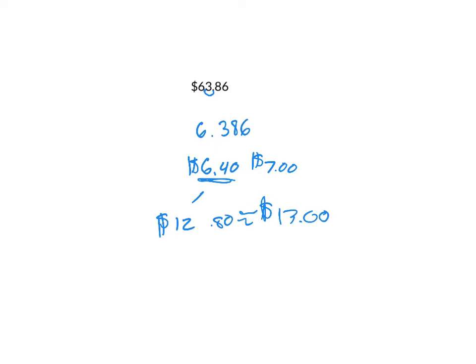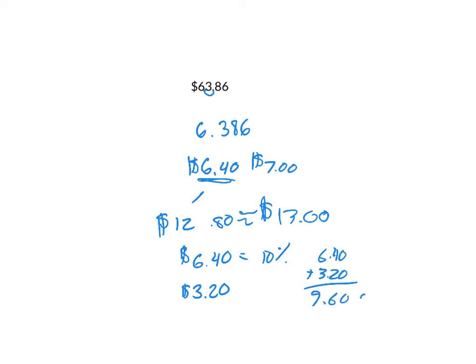And then if you want to go 15%, again you would go 6.40 is 10%, right? Well, then divide that by 2. We know that 3.20 add 3.20 is 6.40, right? So we've got 6.40 add 3.20, and we've got 9.60, might give them $10.